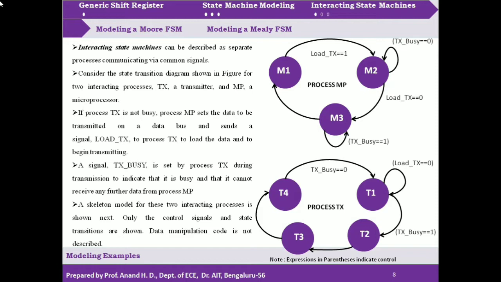We shall consider a skeletal model for these two interacting machines. We are only interested in the state transitions that occur within these processes because of the control signals load_TX and TX_busy.